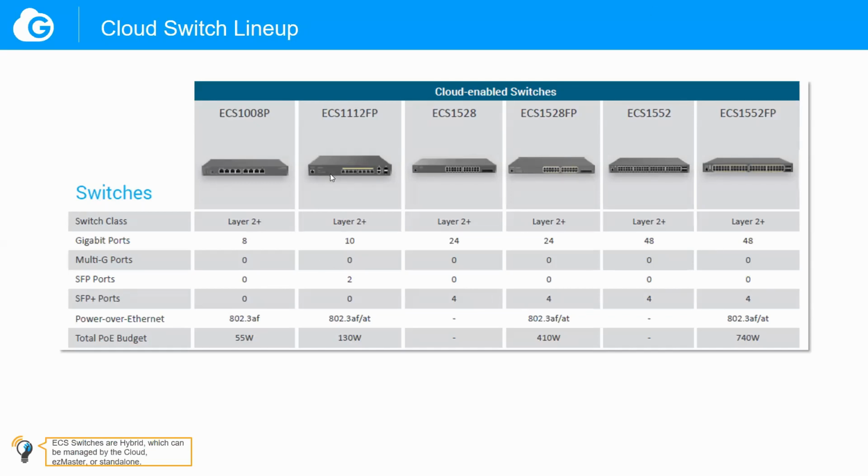We have PoE switches and non-PoE switches with different power budgets depending on if you need PoE or not. But all of these are layer 2 plus. All the ports on our normal cloud switches are running gigabit, and then we have SFP slots as well that have either gigabit or 10 gig SFP.